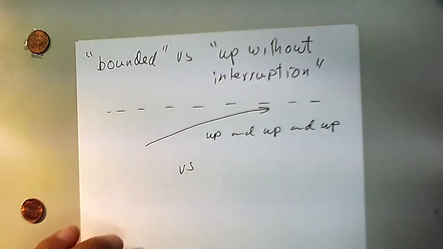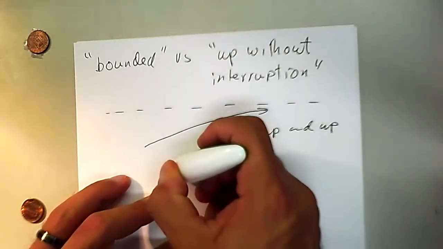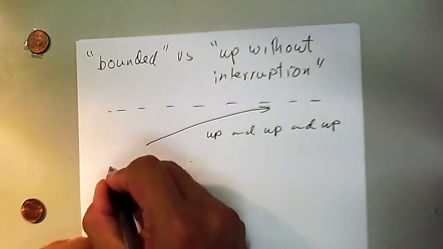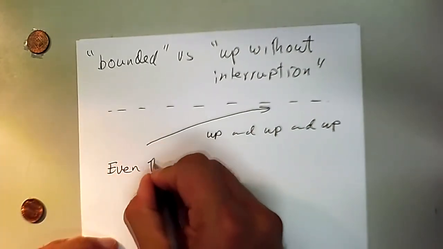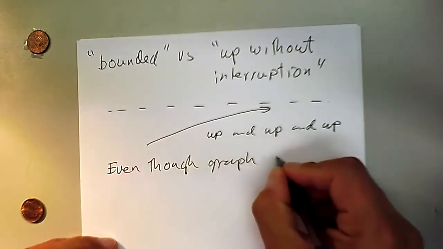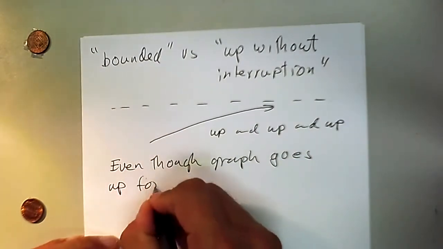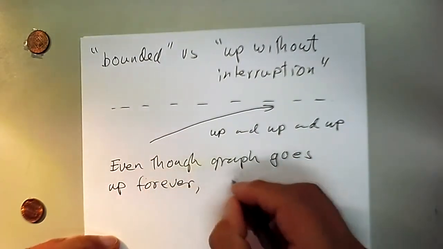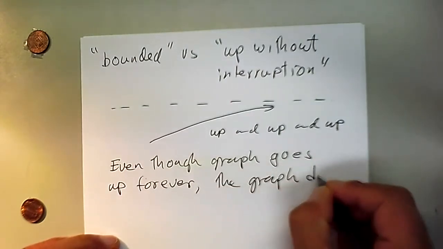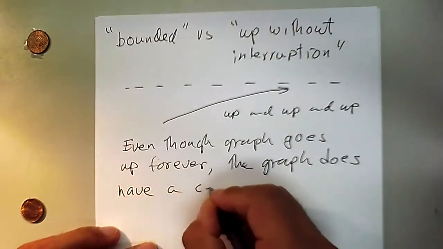So I didn't mean to put down versus. What I meant to say is, even though the graph goes up forever, the graph does have a ceiling.